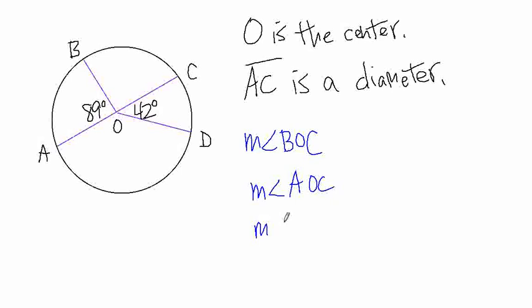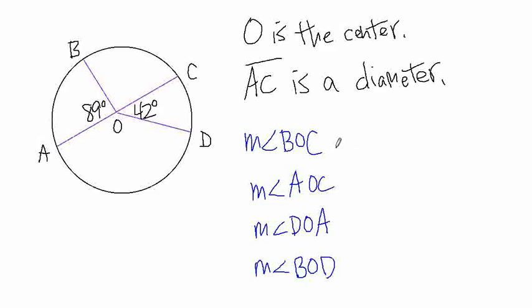And the measure of angle DOA. And again, focus on the smallest central angle that can be referred to as angle DOA. And then BOD, the smallest central angle that can be referred to as BOD. Okay, so pause the video if you have to and try to determine the measures of all those central angles, please.